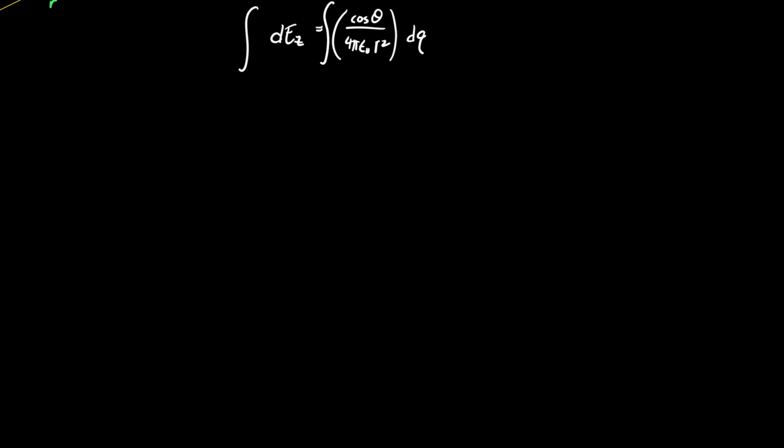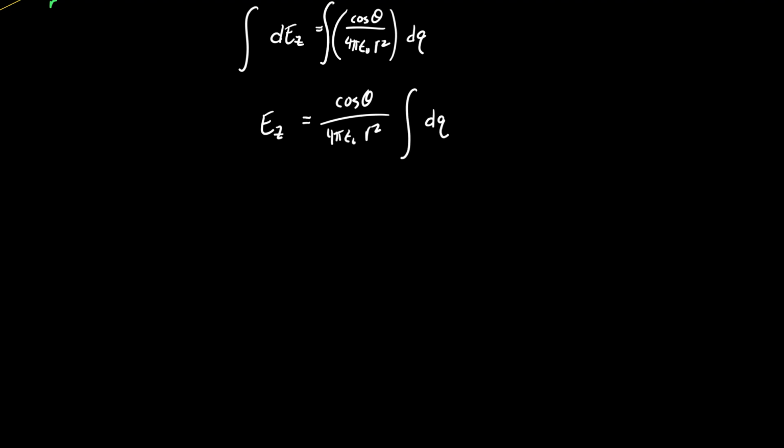That's what I'm adding. But the only parts that matter are things that change when I move from one dq to another dq. Well, we just collected all the stuff that stays the same. None of those things change when I go from one dq to the next dq. So this side is going to be the electric field, the total. But none of these parts actually contribute in any meaningful way to the sum because they're in every single term.